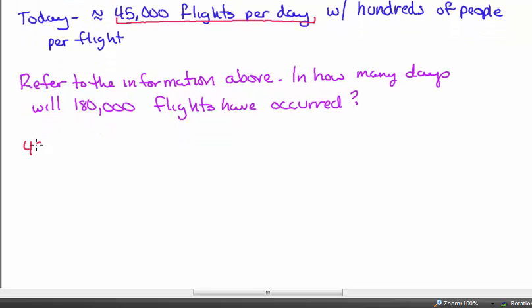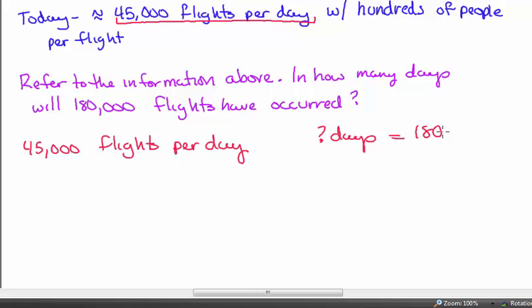We have 45,000 flights per day. And we want to know how many days to equal 180,000 flights. Per day, 45,000 flights per day. This means we're going to multiply the number of flights times the number of days, and we'll get a total number of flights. So let's write that down.